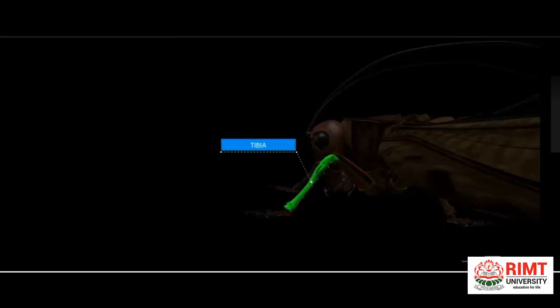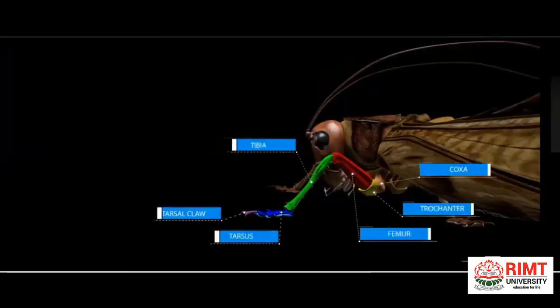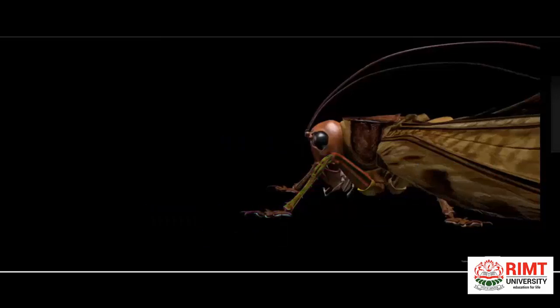After coxa, this is trochanter, femur, tibia, next tarsus, and next it will be claw. This was the generalized structure of the leg. In every insect, all 6 parts are present in the leg.